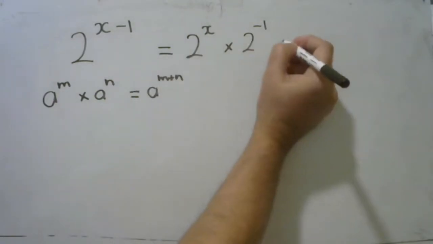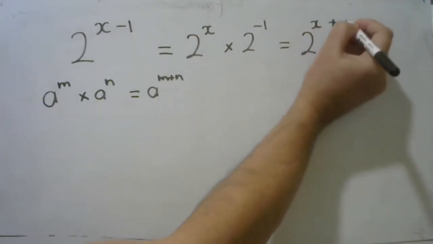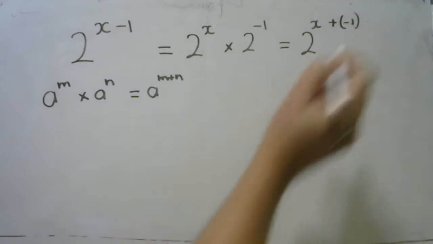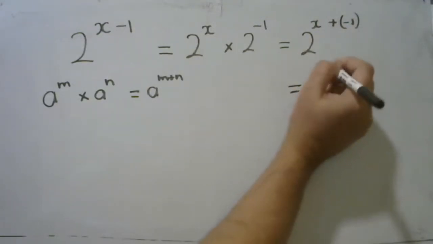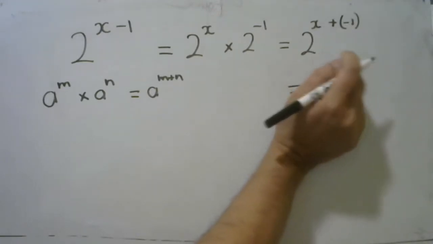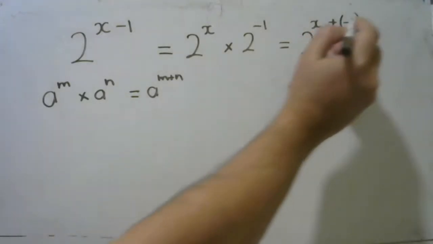So here this is the same as saying 2 to the x plus minus 1, which is really equal to 2 to the x minus 1. Now, I want to explain this here.